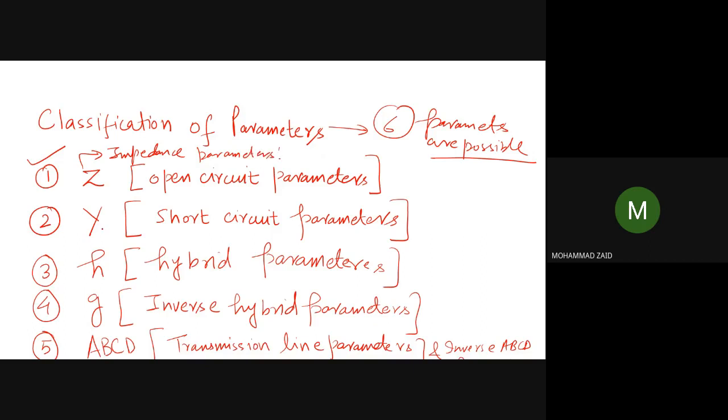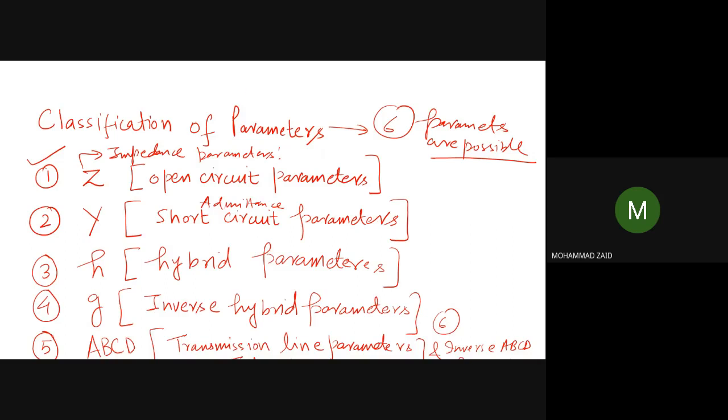Another one is Y, that is short circuit or admittance parameters. The third one is hybrid parameters. The fourth one is G, inverse of hybrid. The fifth one is ABCD, that is the transmission line parameters, also known as T line parameters. And the sixth one, the last one, is the inverse ABCD parameters.